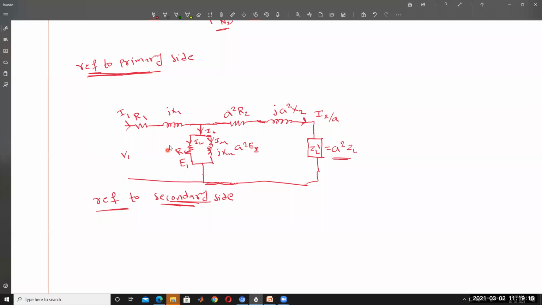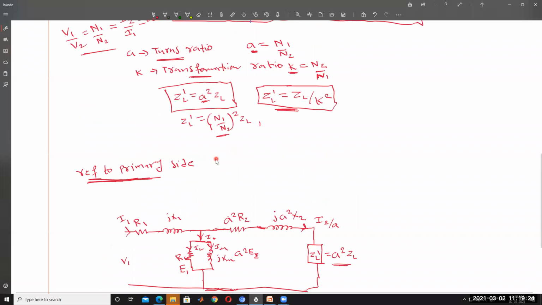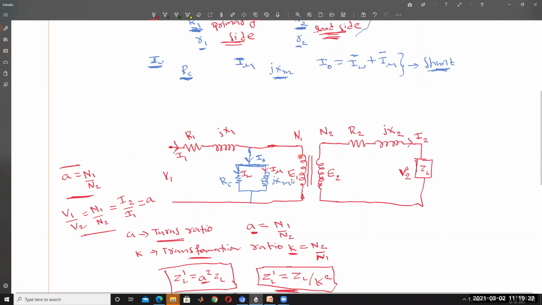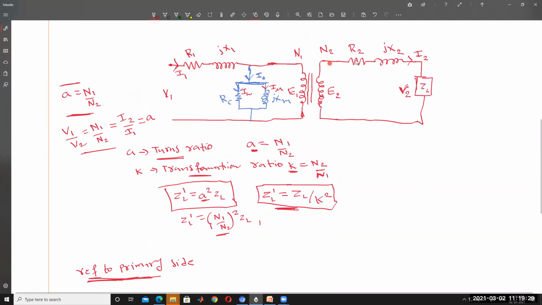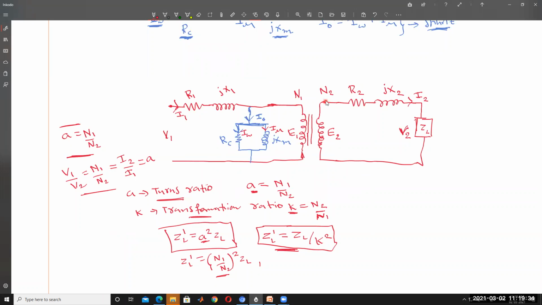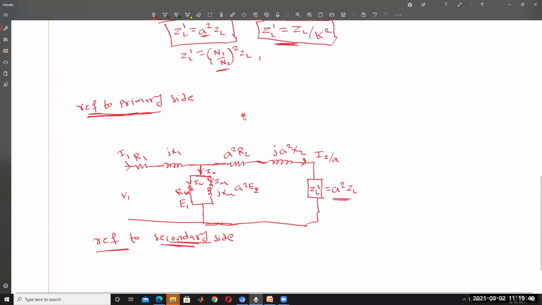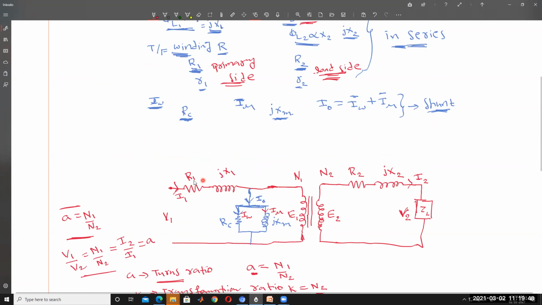So when referred to the secondary side, what is the circuit diagram? All series branches with this R1 are converted like this manner. In the same way R2, X2 are in series with this, and this is also in shunt on the secondary side. So RC becomes RC by A square, R1 becomes R1 by A square, whereas here it was A square times R2.